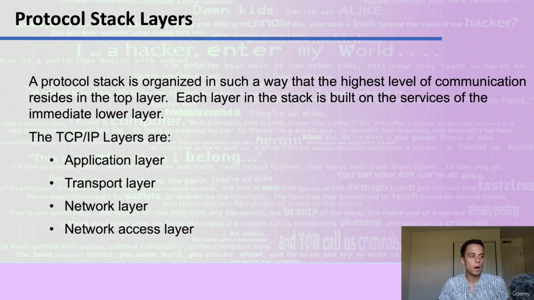It includes the LAN and the WAN protocols. They are also known as the link layer or data link layer. So we can say that the network access layer is basically the interface layer to the current network hardware.